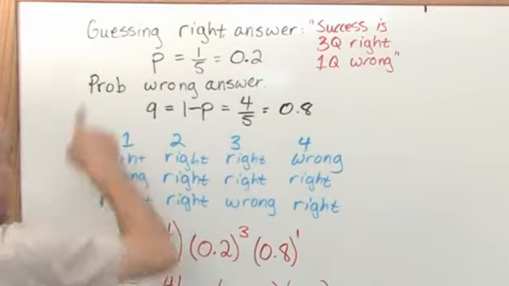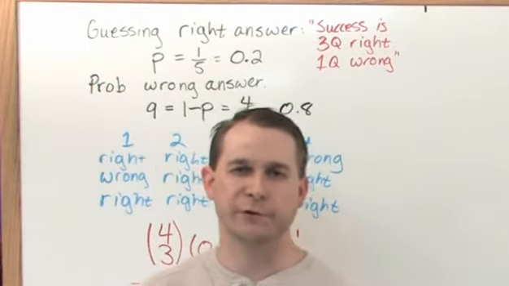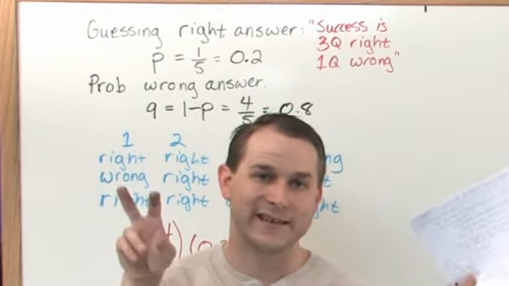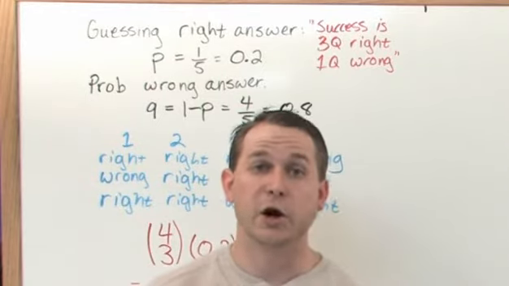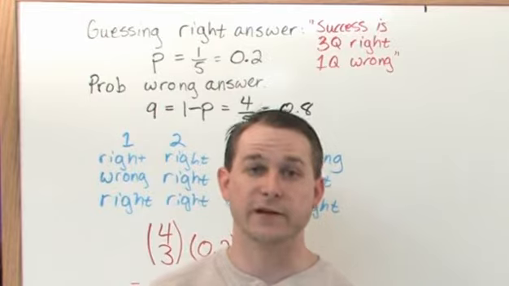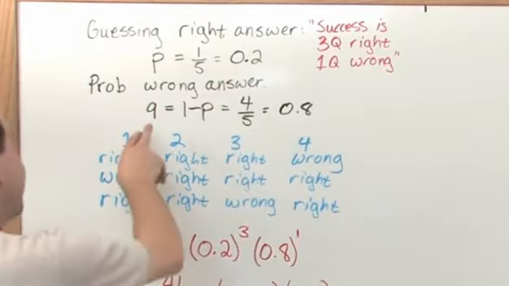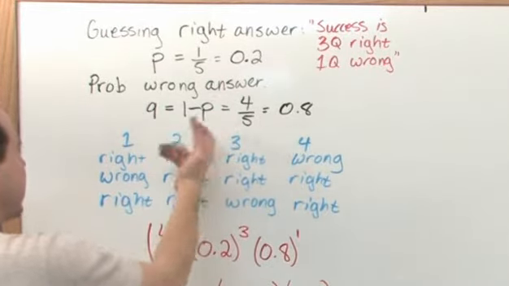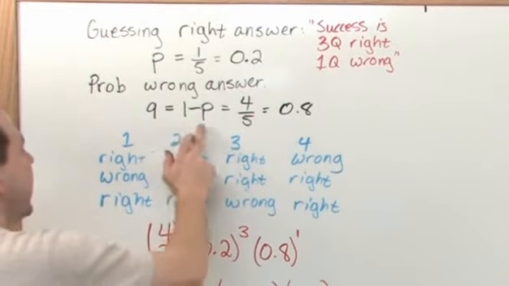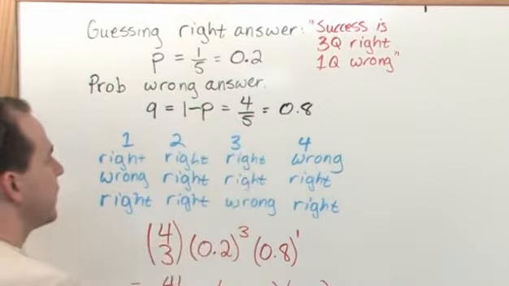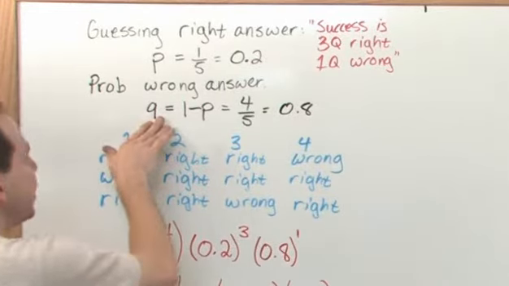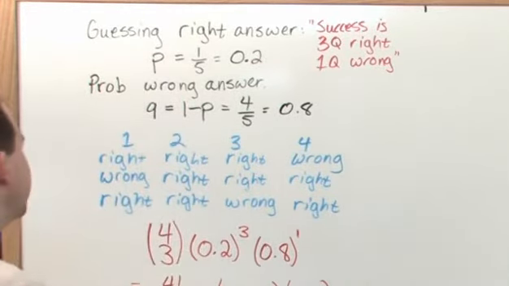We're always going to call that P. In all of these binomial distribution problems, the probability of a success within the string of things you're doing is always going to be called P. So remember that. The probability of failure, I'm calling getting the wrong answer a failure, which is the opposite of the success, is always going to be 1 minus P. That's going to be whatever's given in the problem as well, and you can always calculate Q once you know P. It's just going to be 1 minus P.